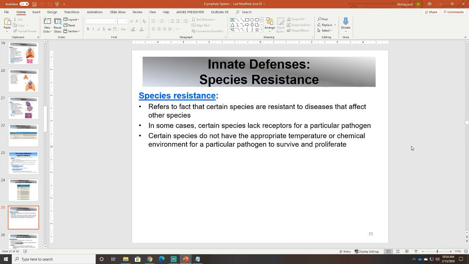If Staph aureus tries to get into the body, it's going to run into one of our biggest non-specific defenses, skin. Skin isn't there to keep Staph aureus out. Skin's there to keep all bacteria out. So skin is non-specific because it's not targeted against a specific bacteria. It keeps all bacteria out.